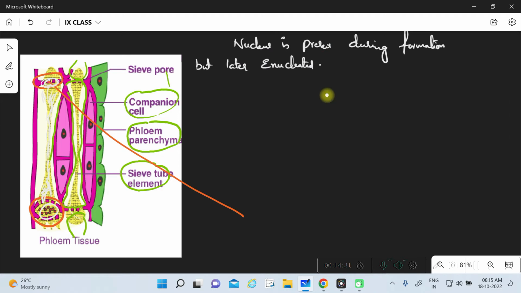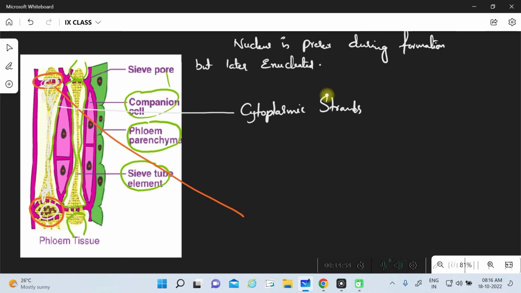Cytoplasmic strands are present end to end between the transverse end walls of sieve tube cells.